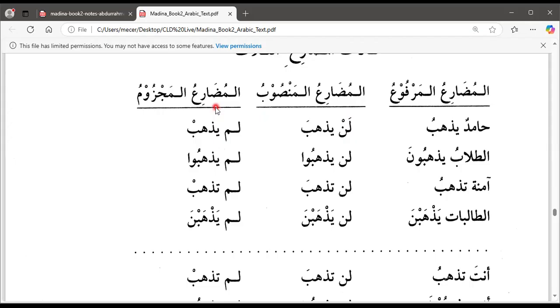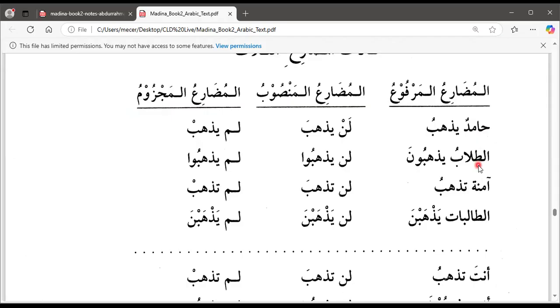And if, still on fi'l mudari' yadhab, lam comes before it, it becomes fi'l mudari' majzumun, alamat jazm bisukun. So we see here the end is sukun. So these are the three modes of fi'l mudari': marfu'un, mansubun, and majzumun.